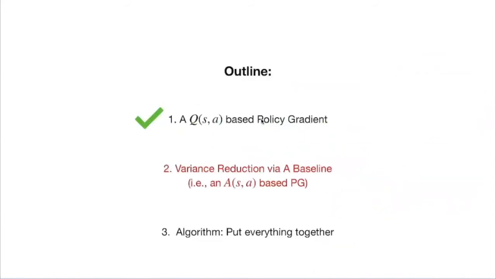Okay, cool. So now let's look at another expression that uses the advantage function rather than the Q function. Using the advantage function makes sense because we want to adjust our policy to give high probability to actions with large advantage against the current policy, and lower probability to actions whose advantage is small.